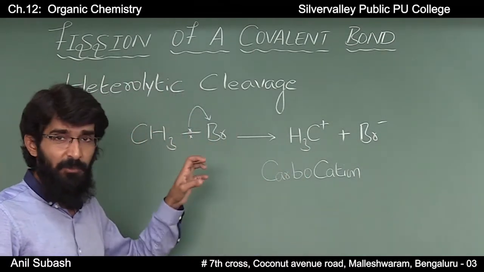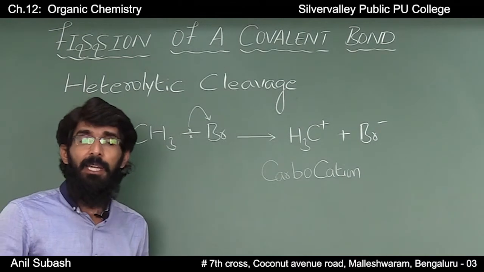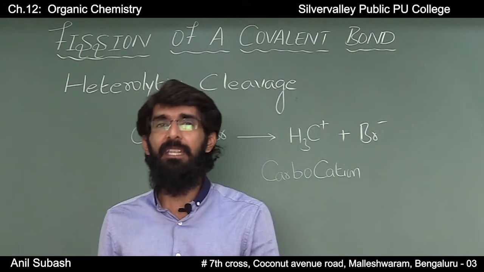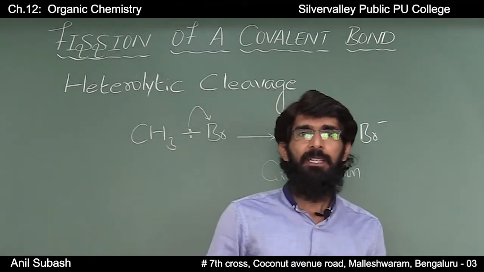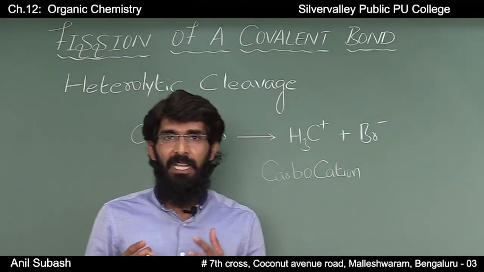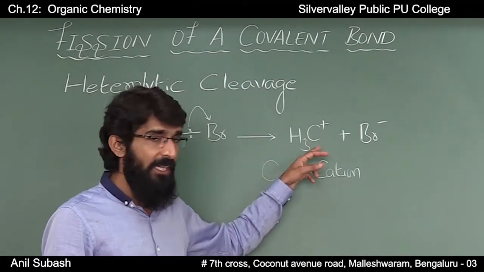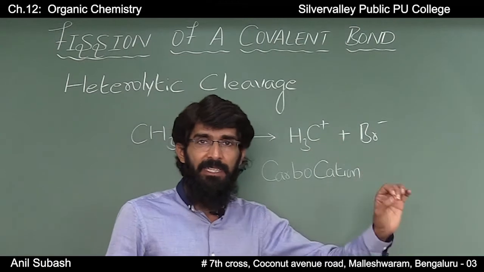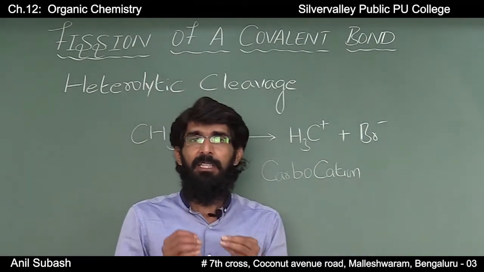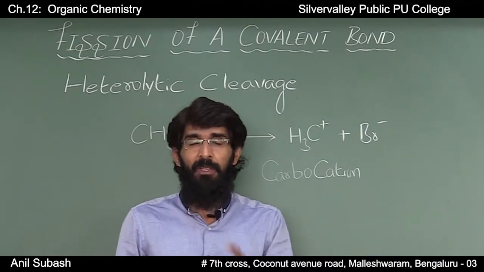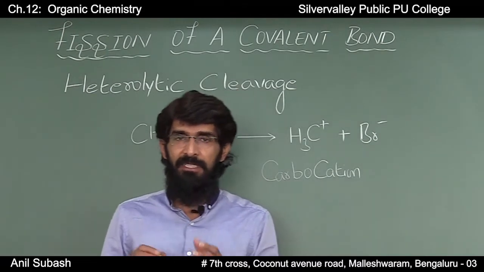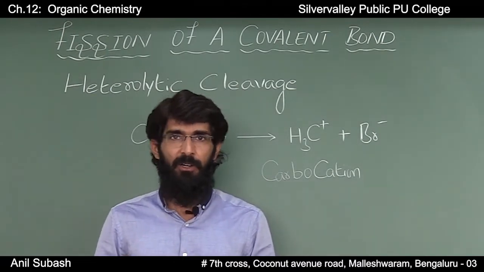And these carbocations in general may be a primary carbocation, a secondary carbocation, or a tertiary carbocation. What do you mean by a primary carbocation? If the carbon carrying the positive charge is attached to one other carbon atom, then it is known as a primary carbocation.